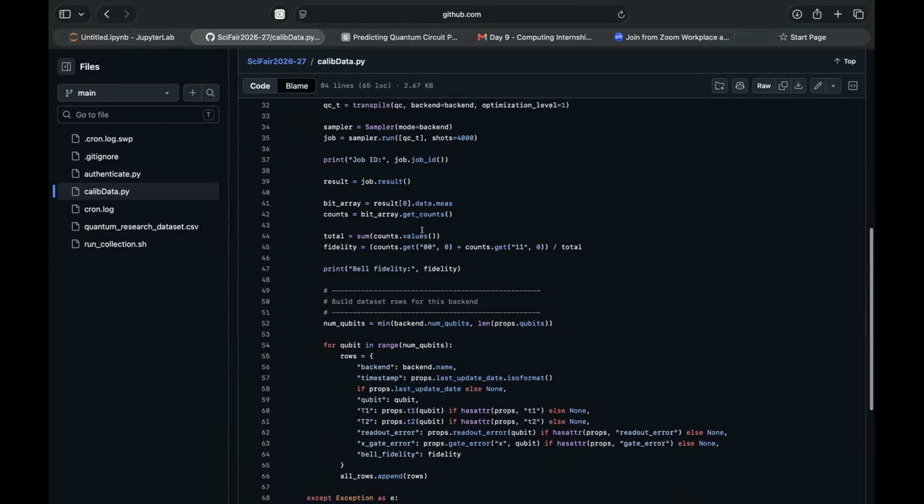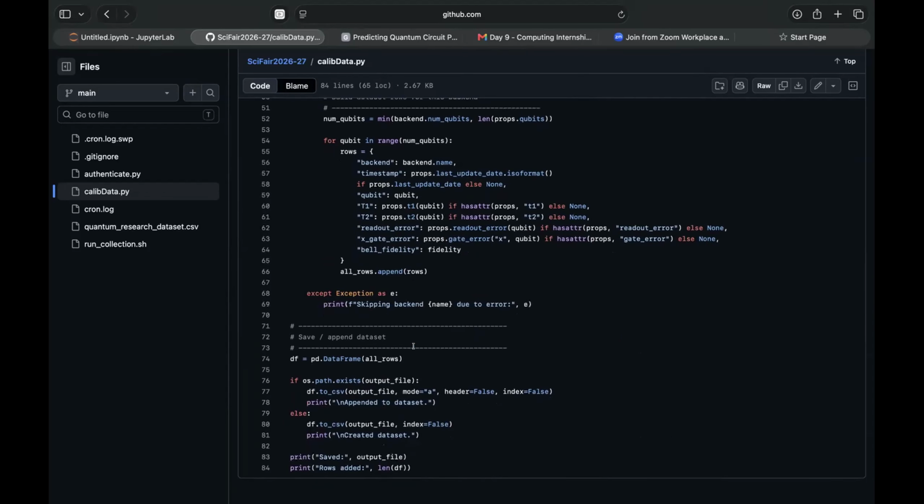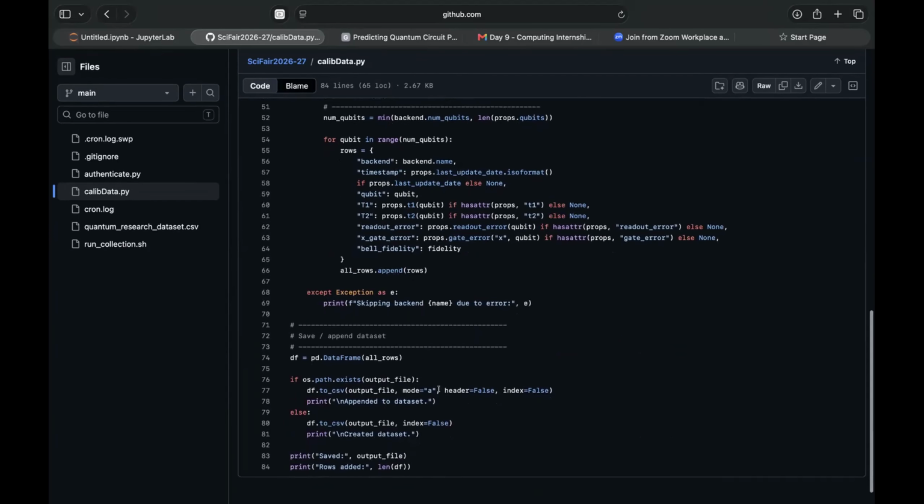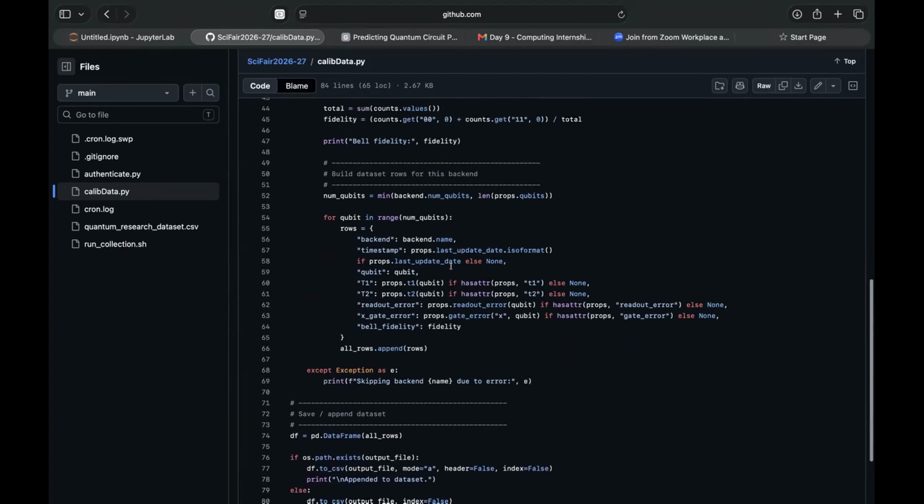Then fidelity is calculated, which shows how close the real result is to the ideal Bell state. And then I calculated the calibration data, this is basically how I calculated it. For every qubit, it stores the backend and the timestamp, for example.